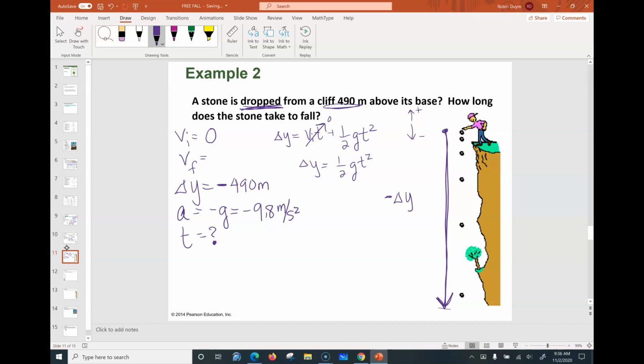Now let's start plugging my numbers in. I'm going to come down here because I ran out of room here. So don't forget your negative. That's a real easy mistake to make. It's negative 490 because it went down, and then 1/2, and then negative 9.8, and then t squared. So again, at this point it's just algebra.